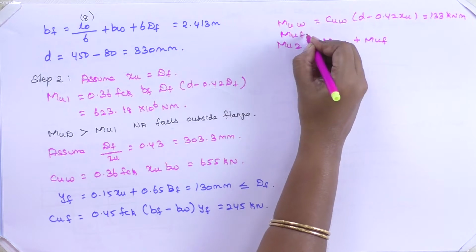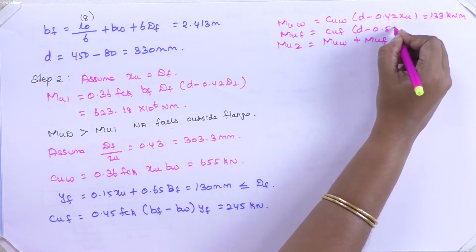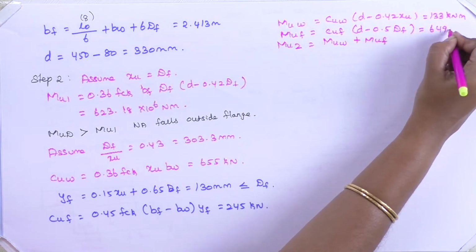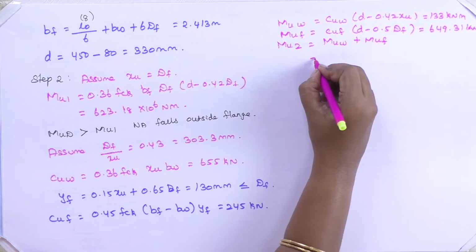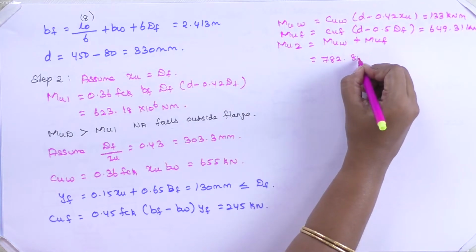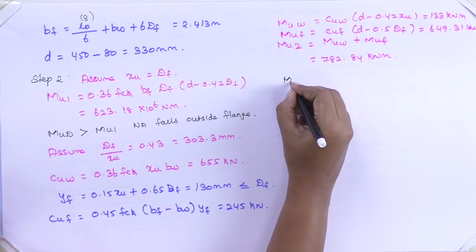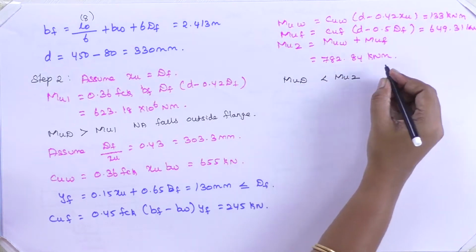I'll take MUF is equal to CUF into D minus 0.5 DF, that is equal to 649.31 kilonewton meter. So I'll get MU2 as 782.84 kilonewton meter, whereas MUD value is less than MU2.